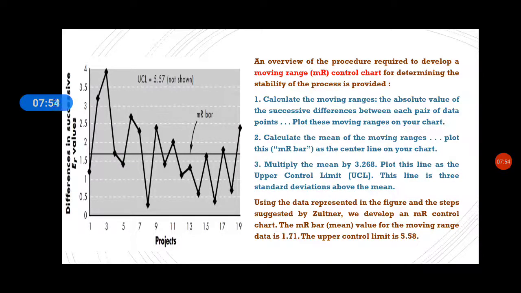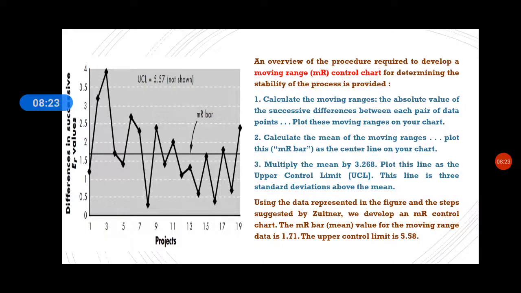An overview of the procedure required to develop a moving range control chart for determining the stability of the process is provided with the help of the following steps. If you observe the diagram with the steps, you can easily identify how to develop a moving range control chart in order to calculate the stability of the process.